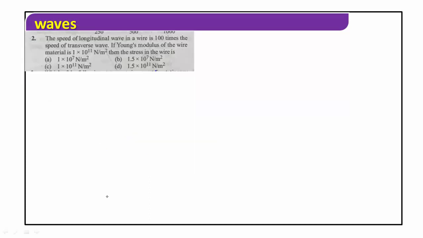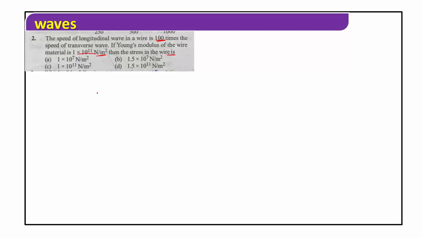And the next question is, the speed of the longitudinal wave in a wire is 100 times the speed of transverse wave, and if Young's modulus of the wire material is 1 into 10 to the power of 11 Newton per meter square, then the stress in the wire is.